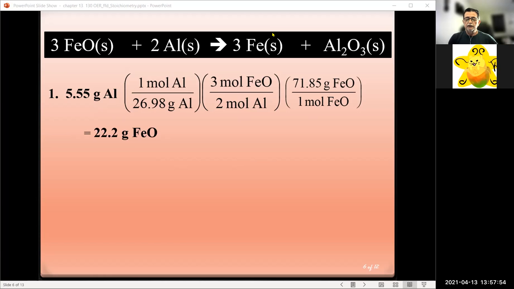Doing the math, that means that for this reaction to proceed completely, we would need 22.2 grams of iron 2 oxide and 5.5 grams of aluminum.